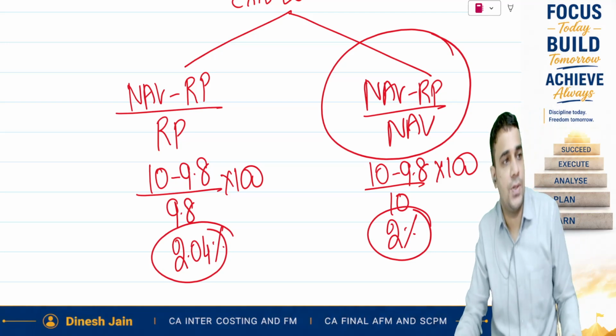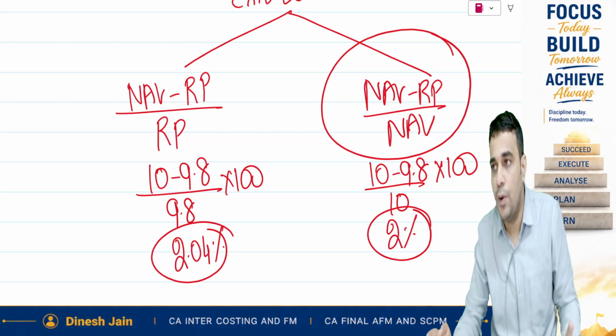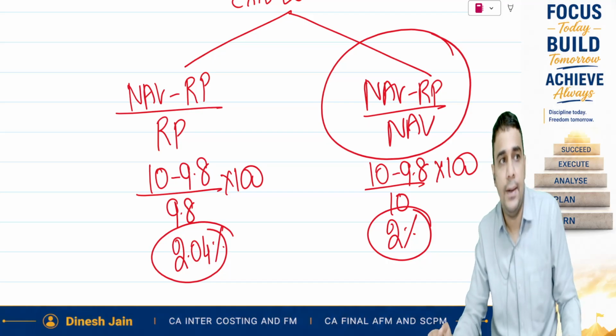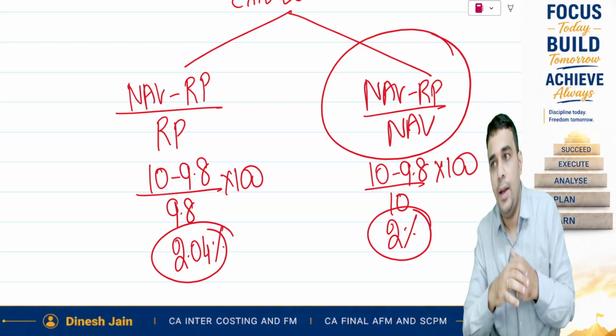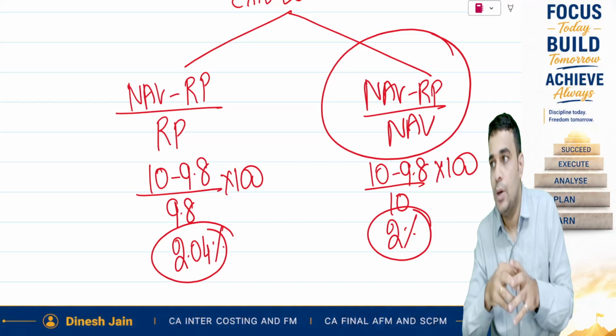Coincidentally it matches this number. That is more of a coincidence. Okay, 2.04 and 2%. Any doubts on the number? Clear? Understood the workings? Any doubts here?